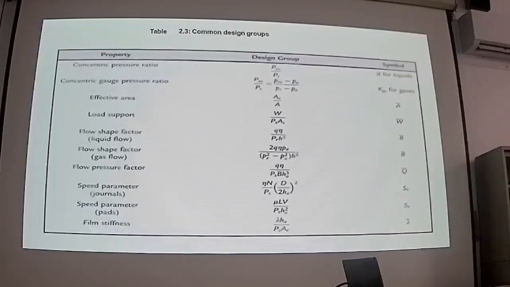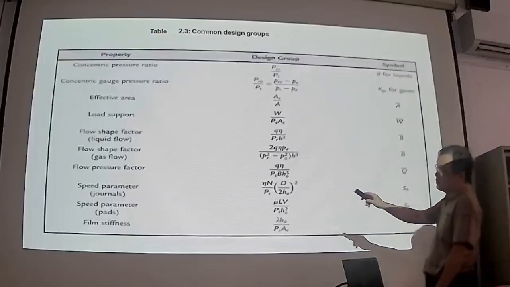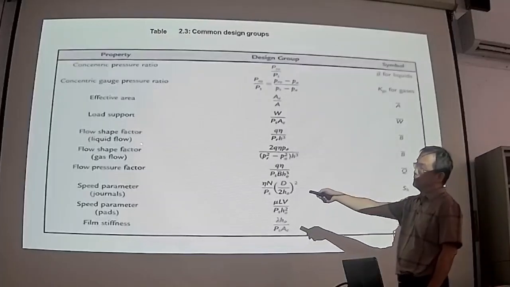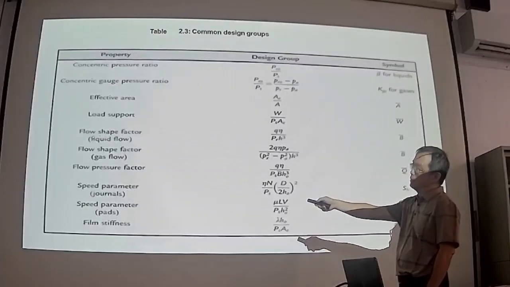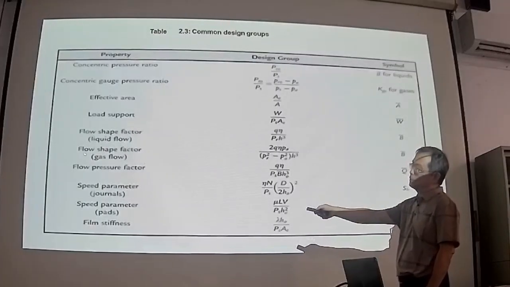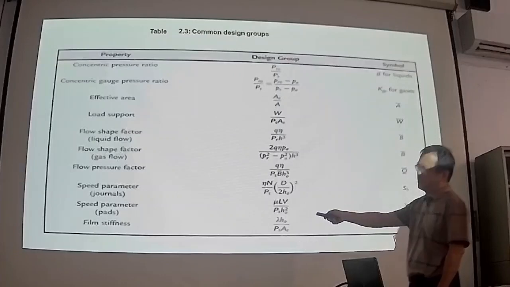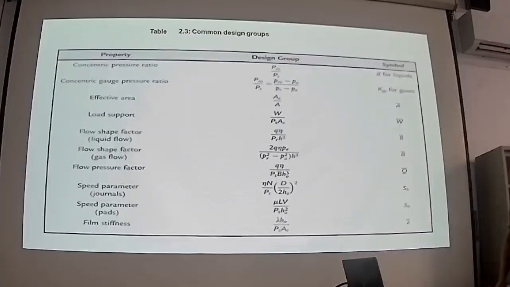And later on, we will discuss the flow shape factor for the hydrostatic bearing, the flow shape factor for the area, the flow pressure factor, the speed parameter for the journal bearing, the speed parameter for the thrust bearing, and the film thickness.